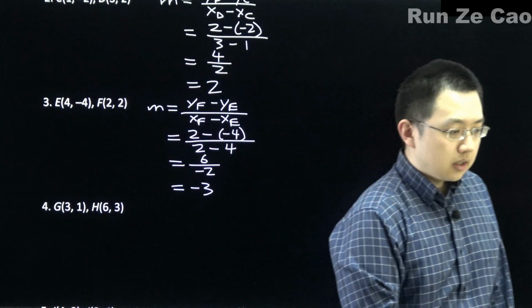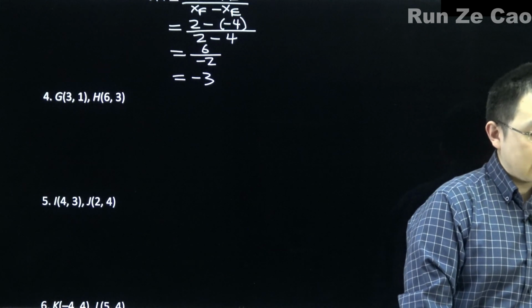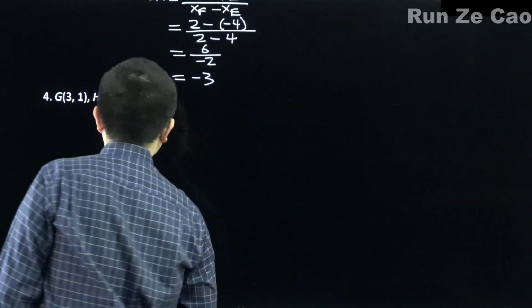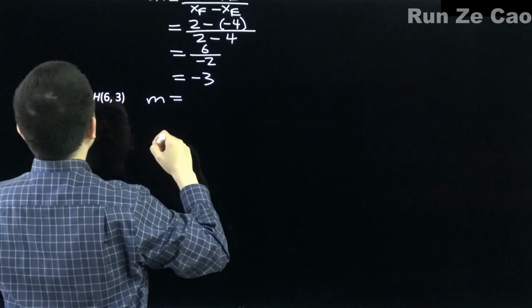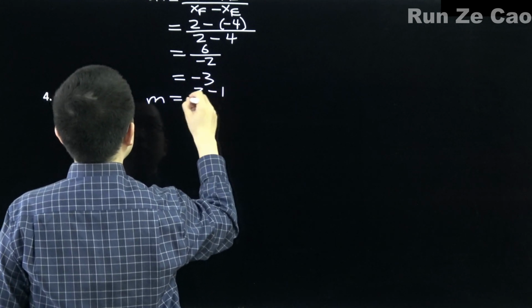As you can see, all you really have to do to find the slope is have 2 points along the line, and you plug them into slope equals rise over run. So rise here is 3 minus 1.